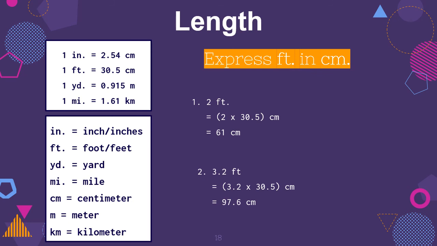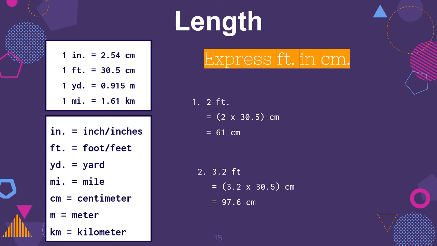So next, let's convert feet into centimeters. Given we have 2 feet, convert it into centimeters. To convert it, just multiply it by 30.5, since 1 foot is equal to 30.5 centimeters. So 2 multiplied by 30.5 is equal to 61 centimeters. Again, 2 feet is equal to 61 centimeters.